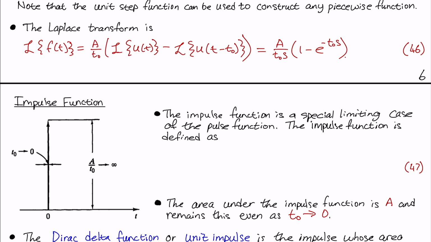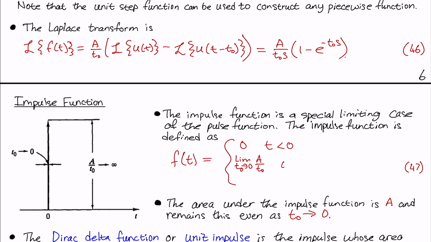It is defined as f of t is 0 for t less than 0, and then it's going to be the limit as t sub 0 goes to 0 of A divided by t0.